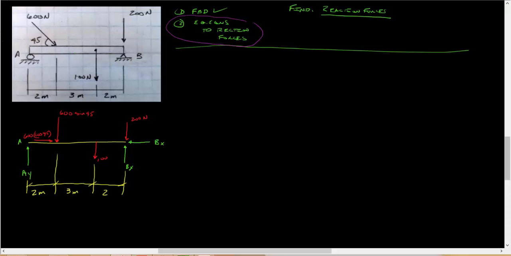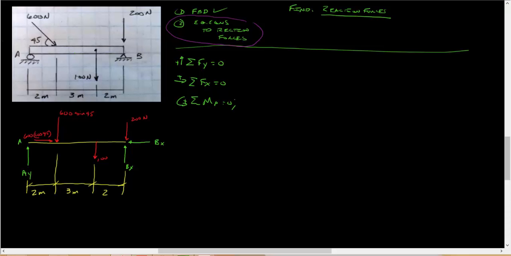My equilibrium equations are summing my forces in the y. These are just my equations. Summing my forces in the x. And summing my moment at a point. Those are my equilibrium equations.